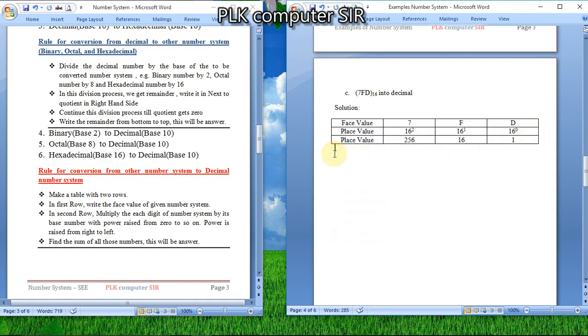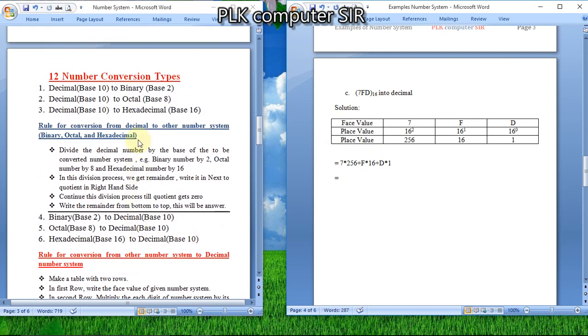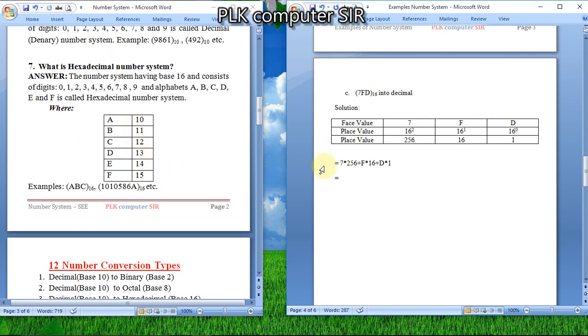So now I'm going to write this equal to 7 into 256 plus F into 16 plus D into 1. As I told previously, if there is F, then we have to replace it by 15. If there is D, then we have to replace it by 13.